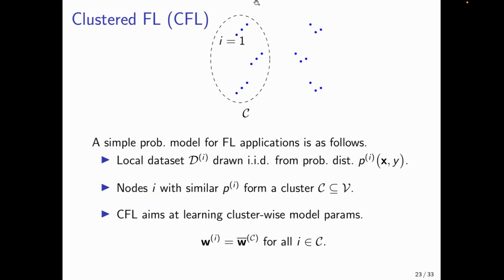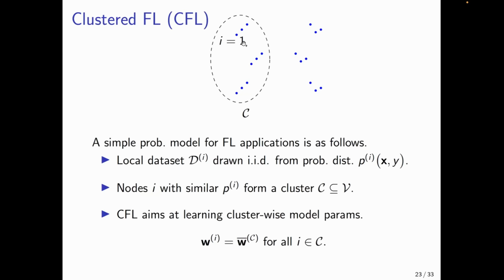So in clustered federated learning, we assume that the nodes of a federated learning network naturally form clusters. And one way to think about these clusters is that they are approximately IID. So let's say one node here is a hospital, and the data set it has is its healthcare records.